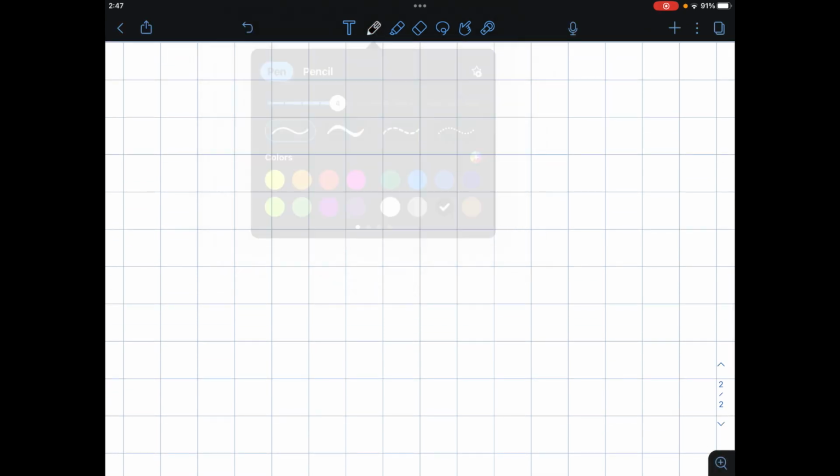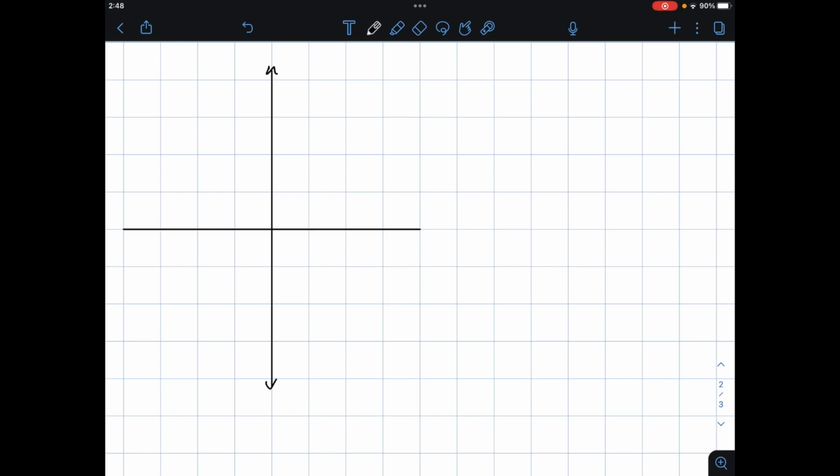So let's draw another coordinate grid, a little plane with some axes. Great. And let's do trigonometry on some point. Let's say D is the point. Let's do -1, -2. That's going to put us in quadrant 3.